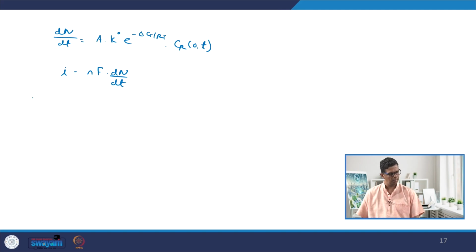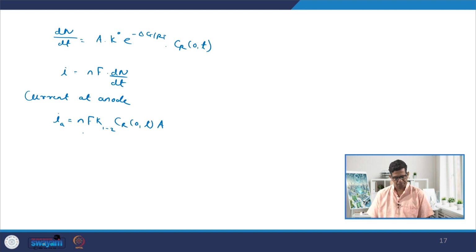So how do I write the current at the anode? Let us call it I subscript A. It is nF K12 Cr(0,t) times A, and I can substitute for K12.